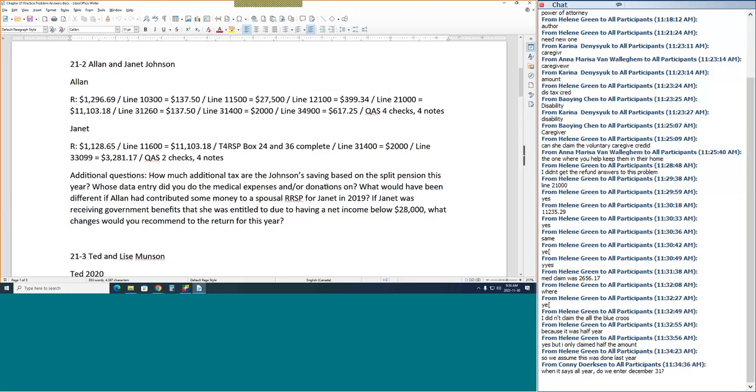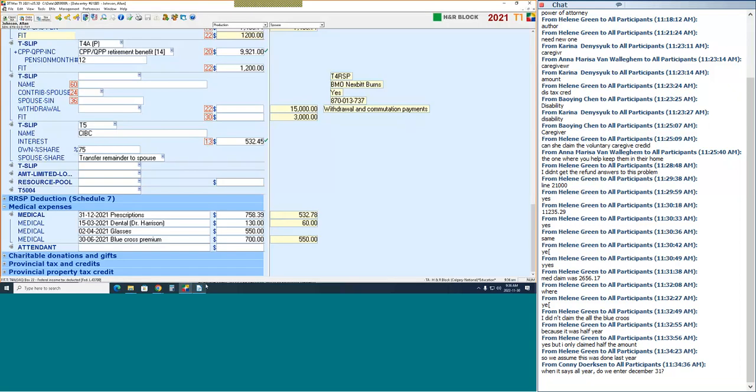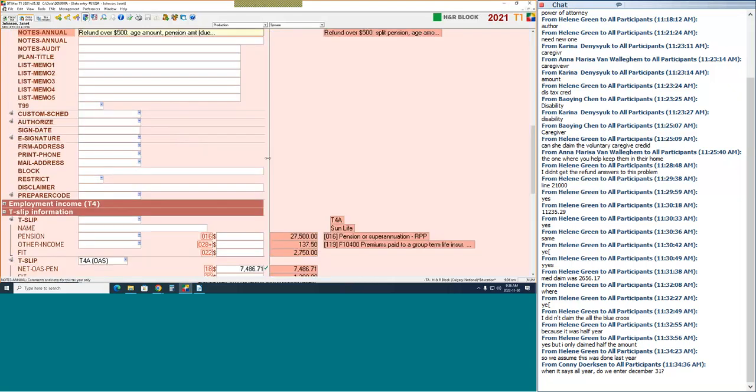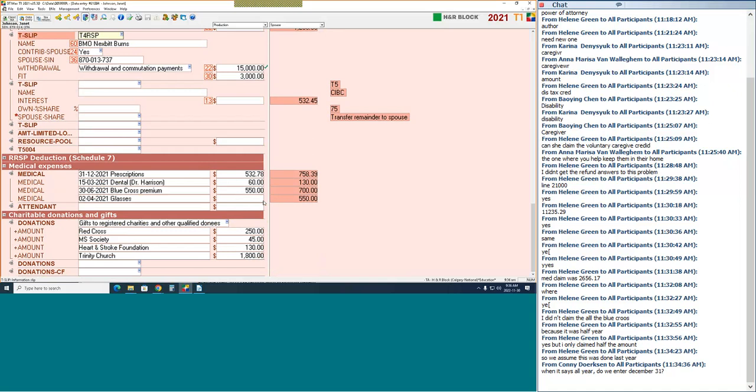Okay, so my next question was going to be on whose data entry did I do the medical expenses and or the donations? So I have done medical expenses for Alan on Alan's, and on Janet, I have done medical expenses for Janet on hers.